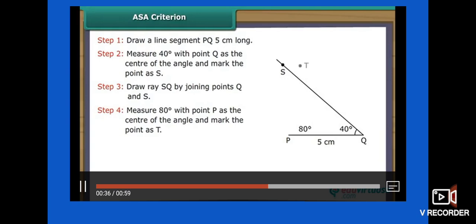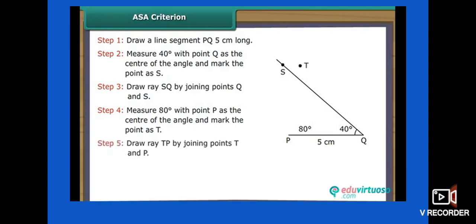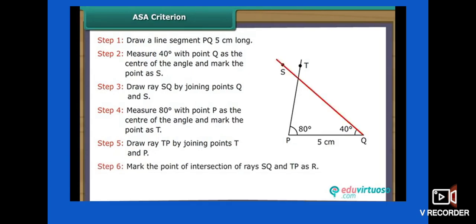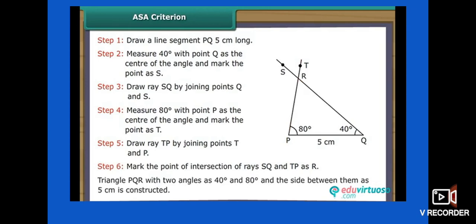Above 80 degree, you mark a point T. Then join P and T. That point of intersection is called point R. So we got a triangle by using the ASA criterion. This is the method of constructing a triangle when two angles and one side are given.